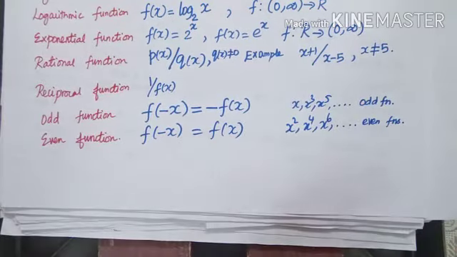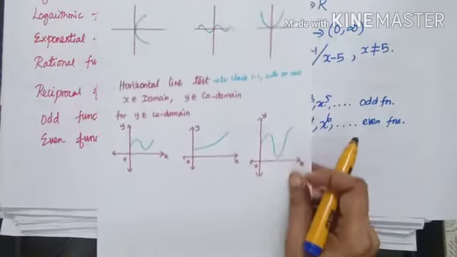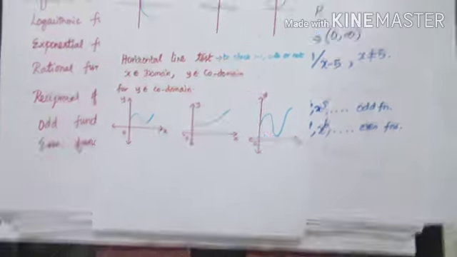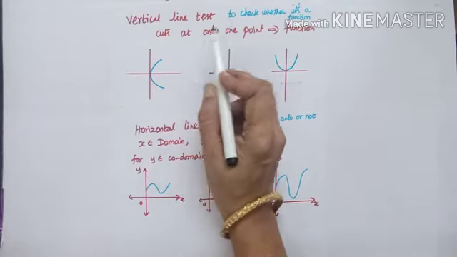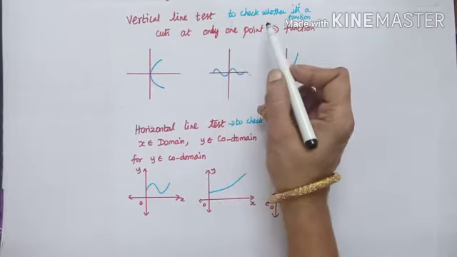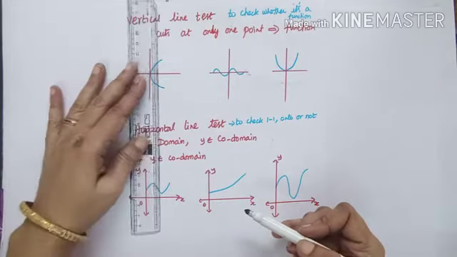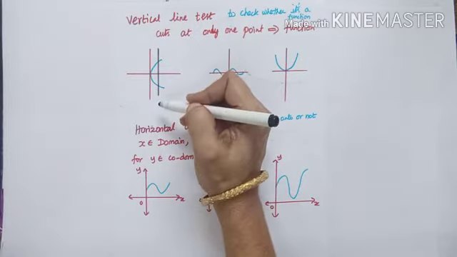The next idea, we are going to say tests of a function. Vertical line test, we have already learned. This test is to check whether the given is a function. So I draw a vertical line cutting at 2 points.